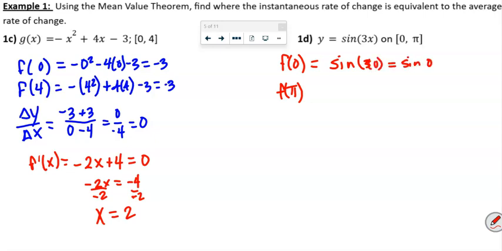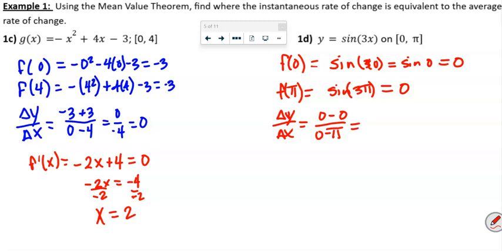The sine of 0 is, guess what? It's 0. All right, and then when we do the sine of 3 times pi, that's also 0. So here again, when we do delta y over delta x, that's going to be equal to 0 minus 0 over 0 minus pi. So that's going to be 0 divided by negative pi again. So that's obviously going to be 0.